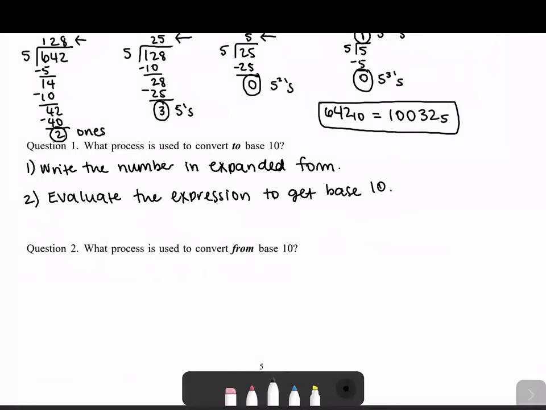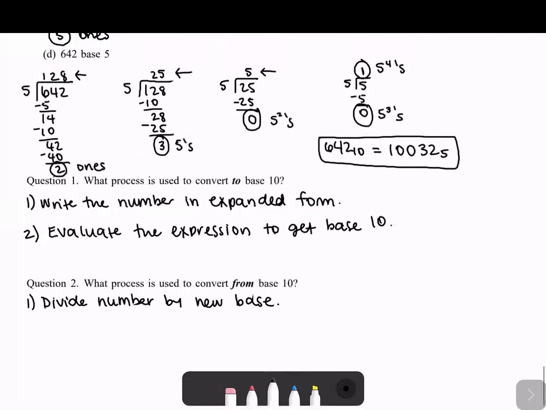So now, how do we convert from base 10? The examples we did on this page, if we have something in base 10, how do we get it to a new base? Remember, the first thing that we did was divide the number that we're looking at by the new base. So right here in this base 5 example, we started by dividing 642 by 5.